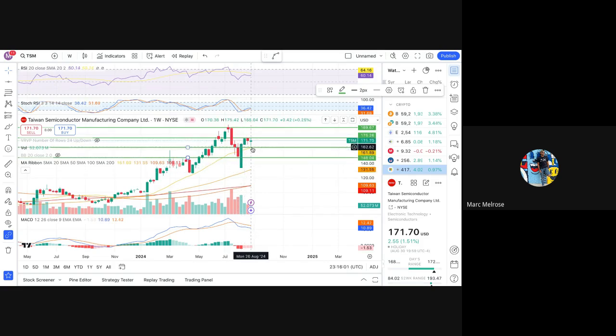So if we were to break below 162, then we could be seeing this get back to about 150. And if we were to see this break above 175, then we could be seeing the stock price get to about 190. So that's what I would be waiting for.